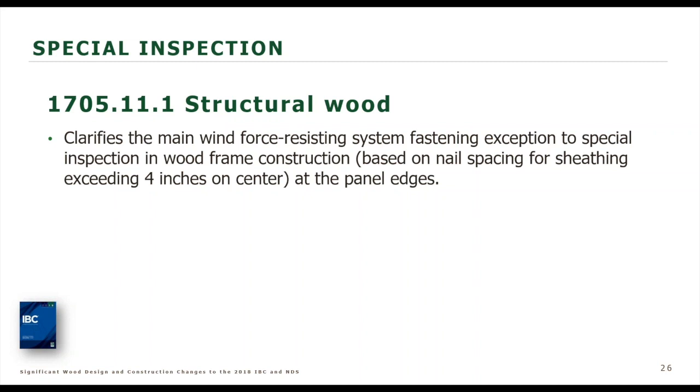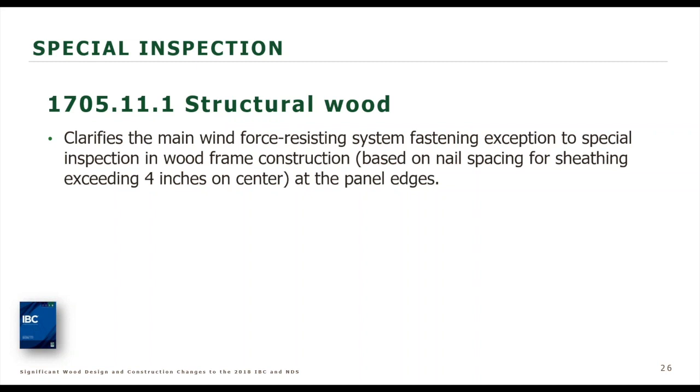For those familiar with construction, we know that we specify boundary nailing, edge nailing, and field nailing. We could have nails at 4 inches on center at the edge nailing and boundary nailing, and then 12 inches on center for field nailing.